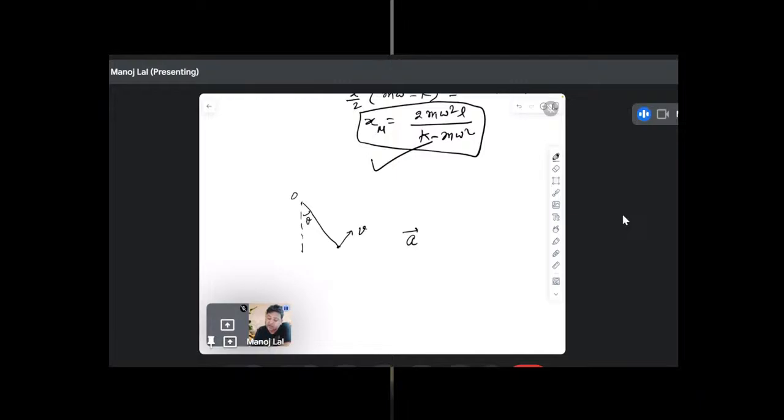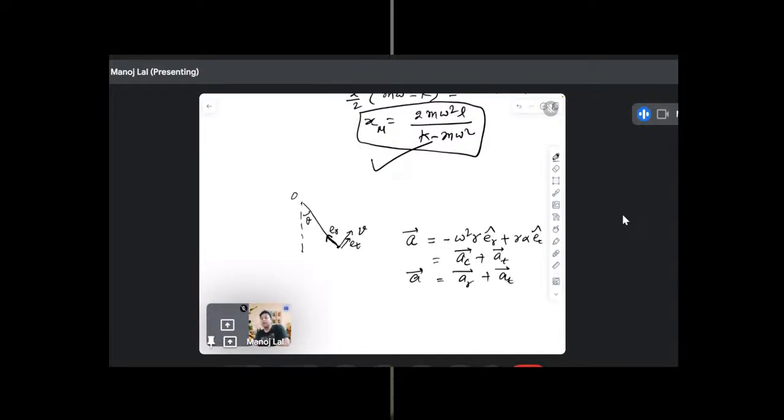If I consider ER to be a unit vector along R, towards the center, and along the tangent is ET, then we write the acceleration as minus omega square R ER plus R alpha ET. This you know: this is the centripetal or radial acceleration, and this is the tangential.